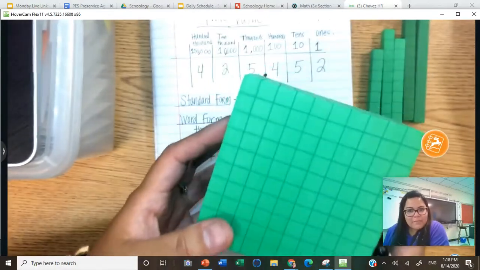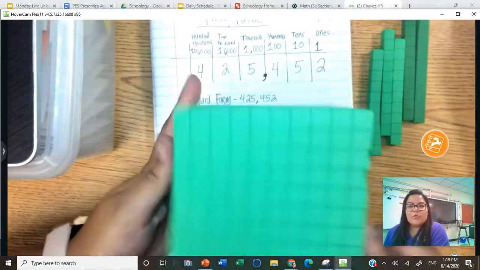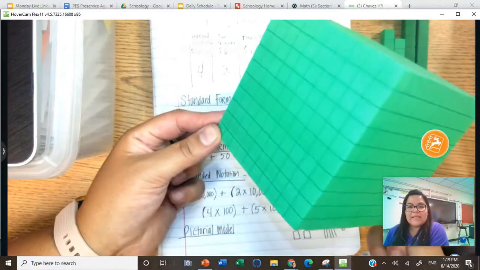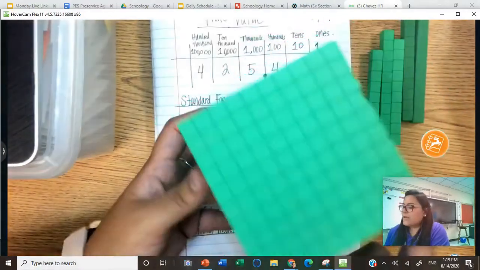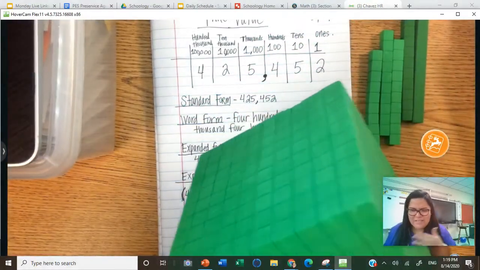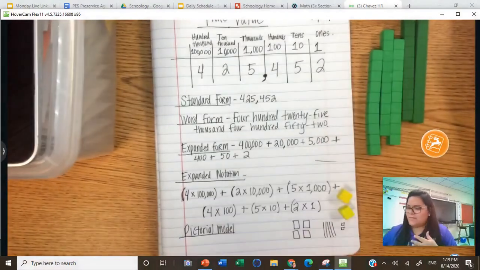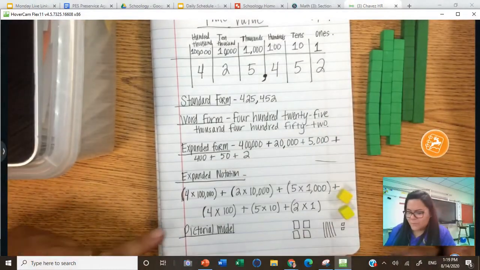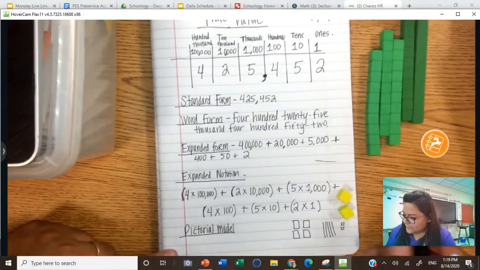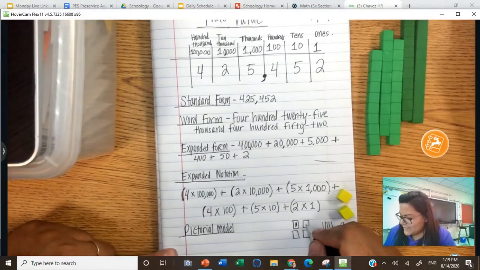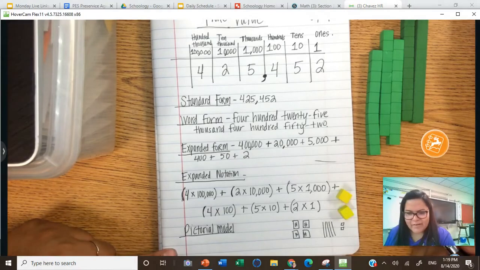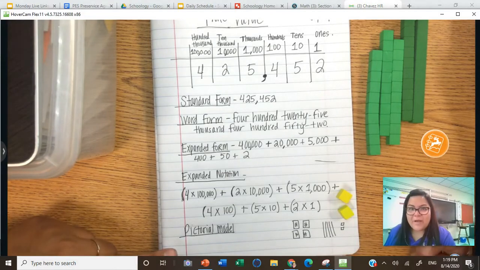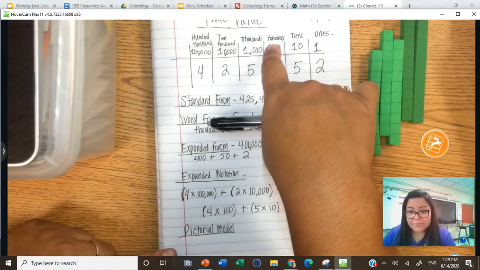Okay, I only have 1 in my classroom right now, but I wanted to show you all this is what 1,000 looks like in base 10 blocks, okay? But how can I draw that? Ms. Chavez doesn't know how to draw. Okay, I'm going to keep it very simple. Okay, we're going to put H's inside of here. Why do you think Ms. Chavez is adding an H in there? You're right, because it's the hundreds, right?